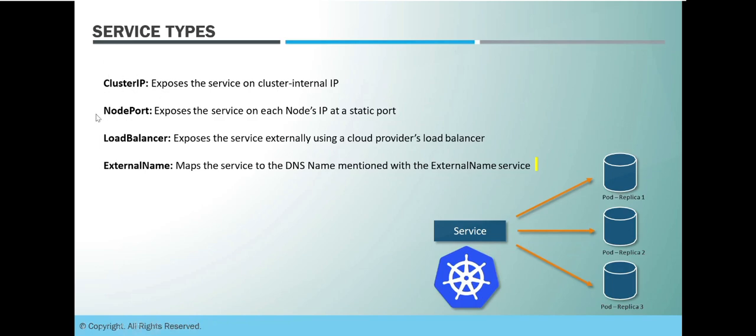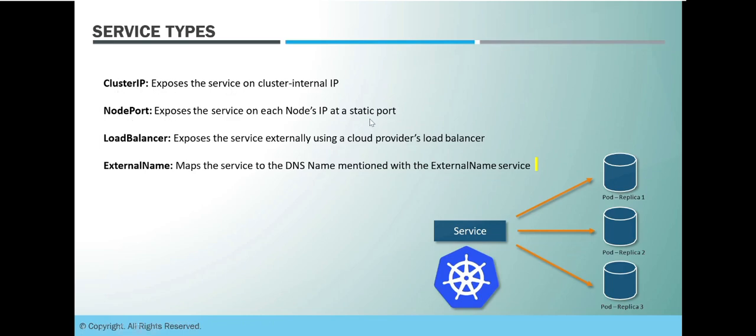Now, if you want your service to be accessible outside, there are two ways: node port and load balancer, and both have their own scenarios to be used. Node port is used when you want to expose the service on each node's IP at a static port. So if you have a VM that is running in your own environment, a bare metal machine or VMware machine, then you can use node port.